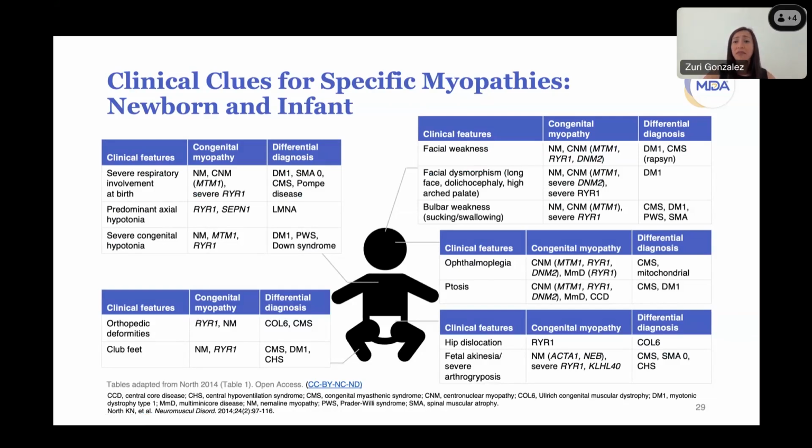They can also have hyperlaxity, and we should take that into account because it can share some features of collagenopathies. I also want to highlight patients with ophthalmoplegia and ptosis, which should make us think about myotubular myopathy. RYR1 can also have these types of abnormalities.